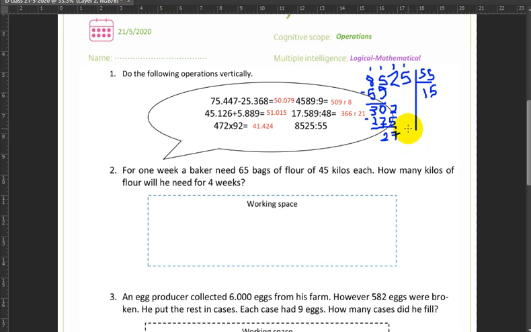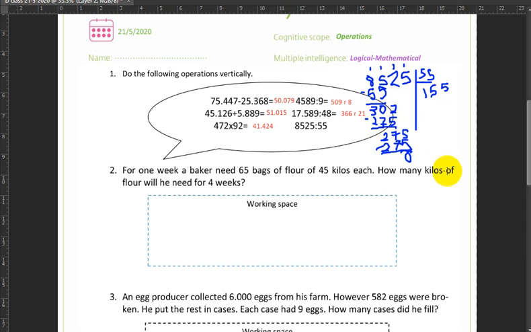Carry down the 5. Well, and would you look at that, we know how many times 55 goes into 275 because we just got 275. So 5 times. 5 times 55 gets us 275. Minus 275 makes 0.